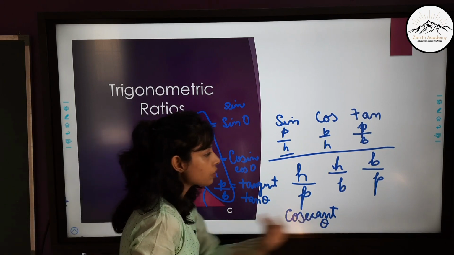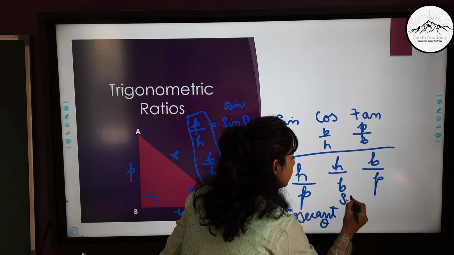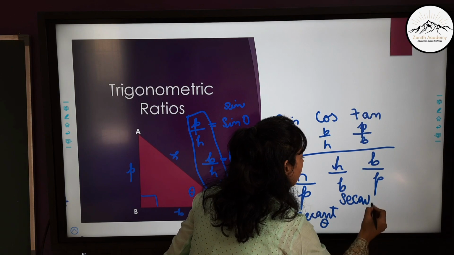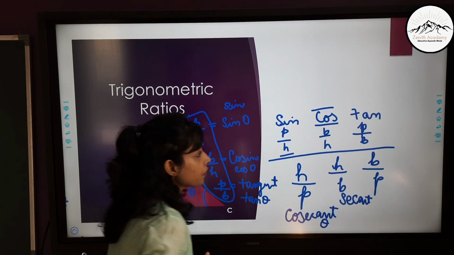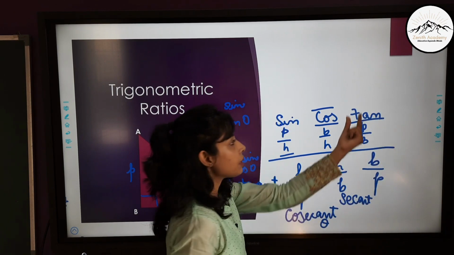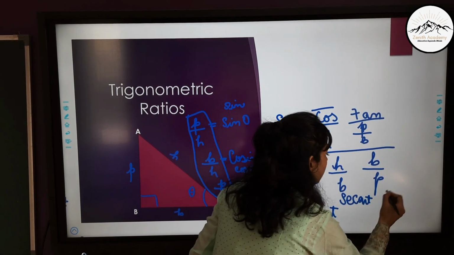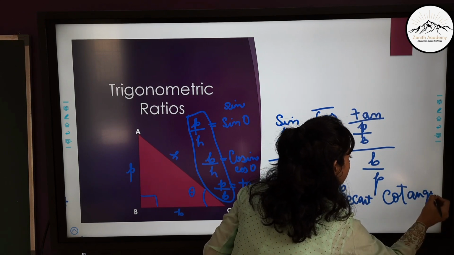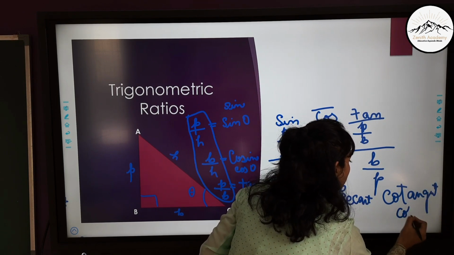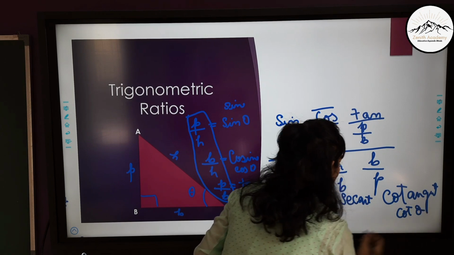This is secant, the reciprocal of the cosine function, and the reciprocal of tan, or the tangent function, is cotangent, or in short we say it as cot theta.